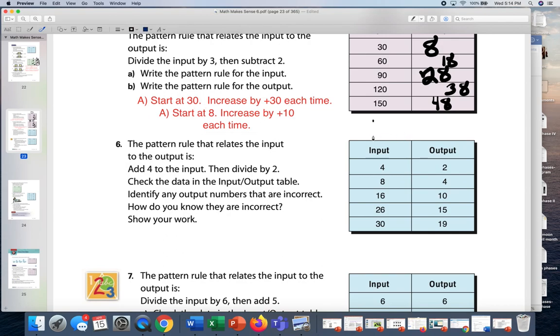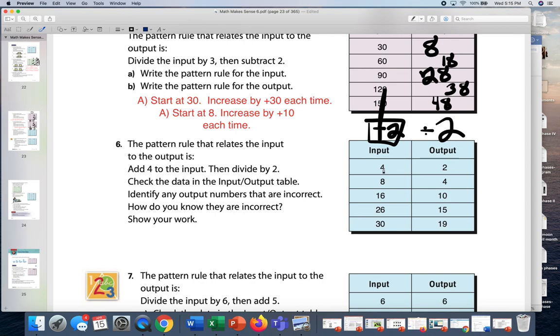My tool is honestly not working for me, but there we go. So we have to check to see if any numbers are incorrect. How do you know they're incorrect? You have to show your work.